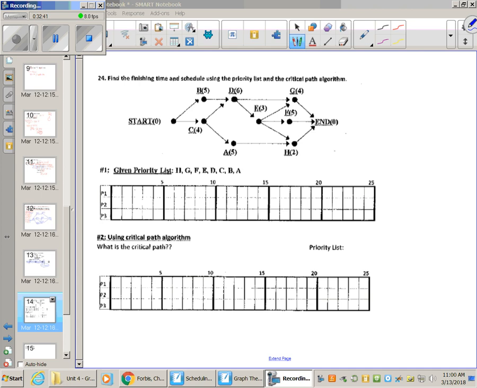The only thing that's ready is C and B. So the first one I approach is C. Give that to P1 with 4. 1, 2, 3, 4. Moving back on the list. H isn't ready, or G, or F, or D, or E. None of those are ready. The only thing that's still ready is B. It has no prereq. Let's give it to P2 with a processing time of 5.